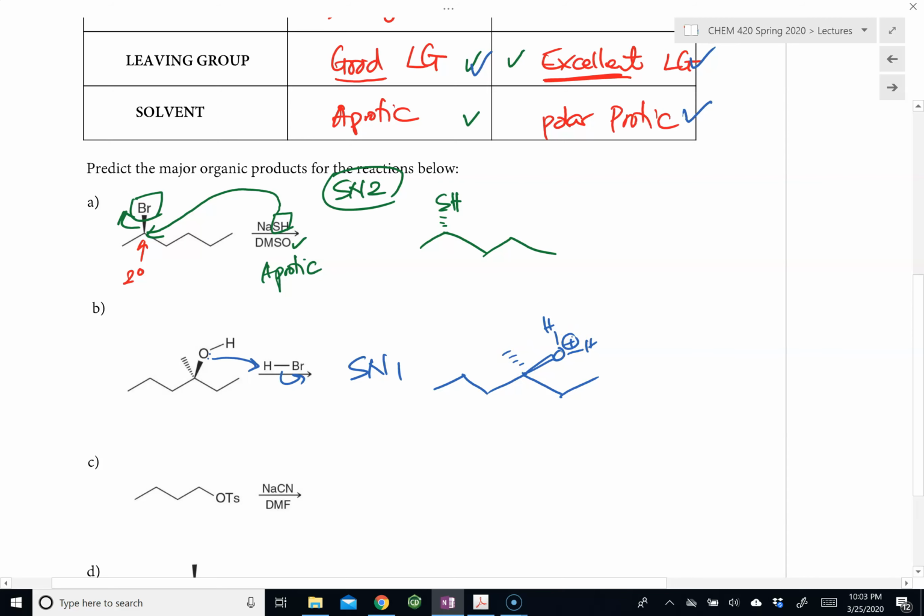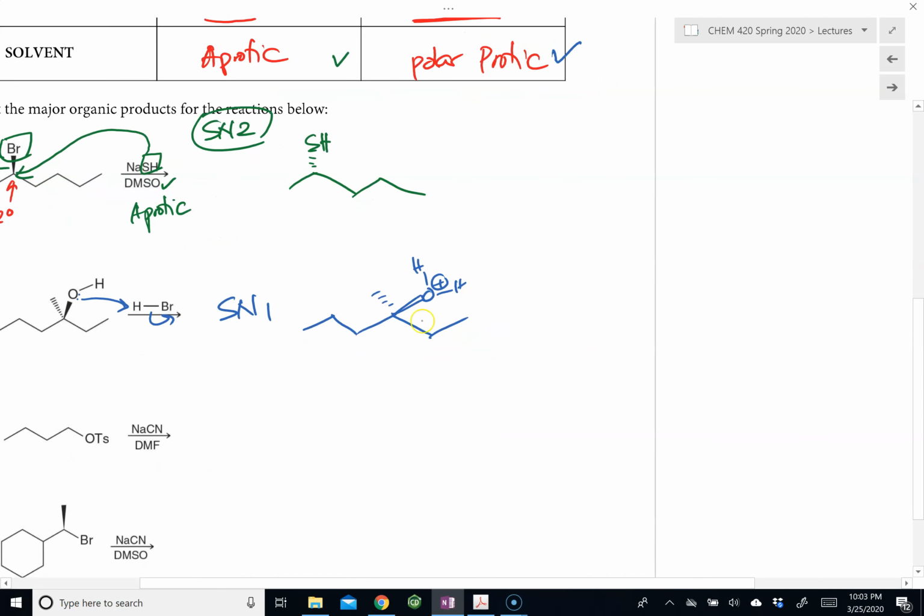And once this is protonated already, it becomes a good leaving group, so it can leave on its own. Again, because this is an SN1 mechanism, the leaving group has to break off fast. And once that happens, we will be producing this product, followed by the nucleophile attack.